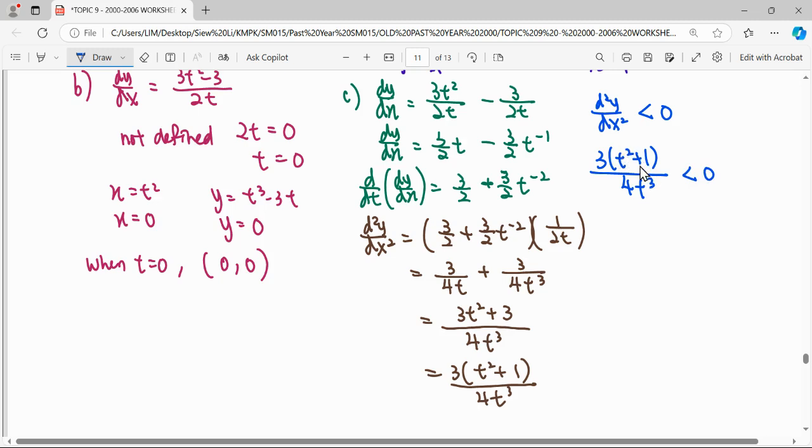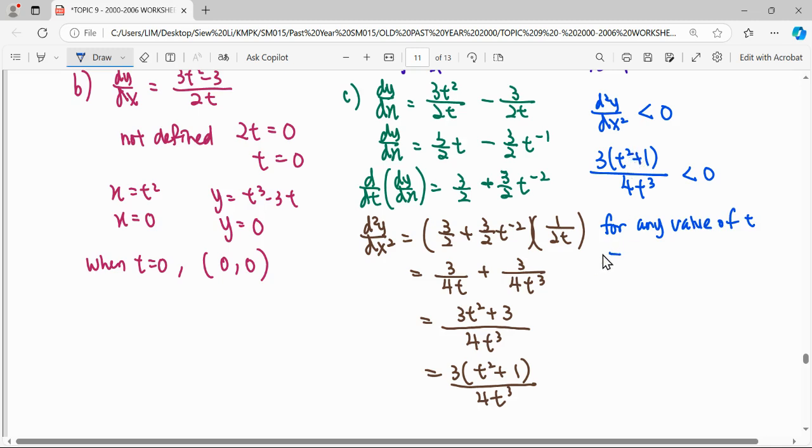We can use the analytical method. You can analyze here: for any value of t, t squared is always positive.